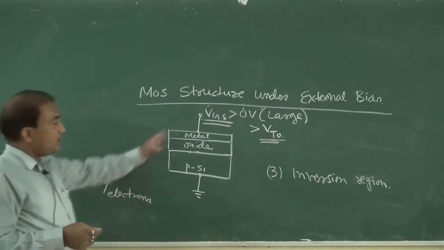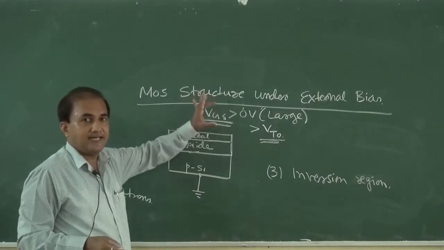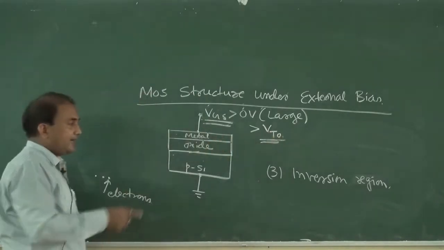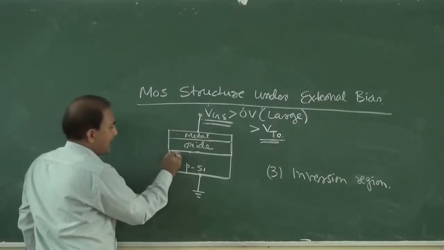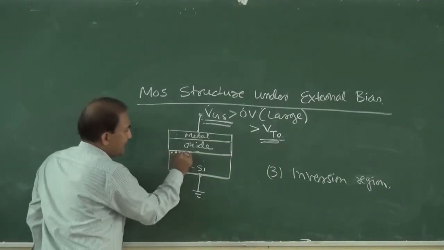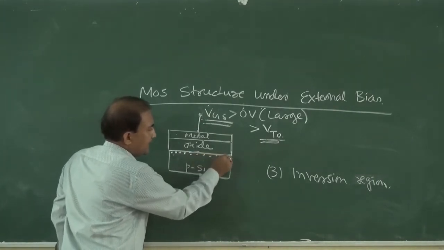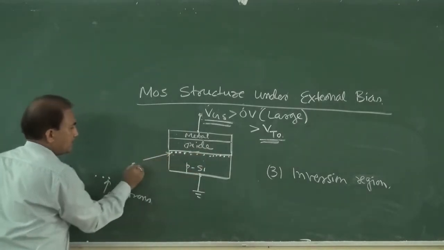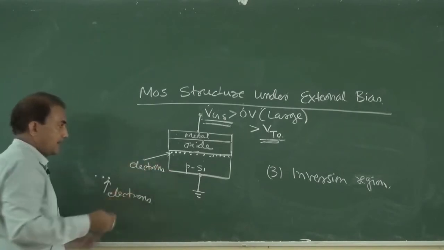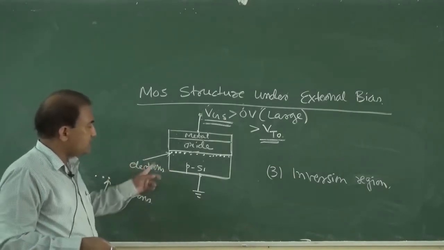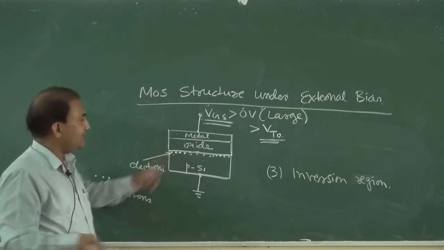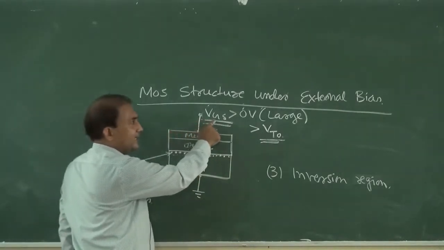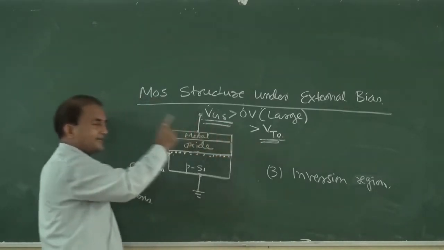Because of the application of a large gate voltage, greater than the threshold voltage of this device, it will attract the minority carriers, and the electrons will be accumulated here in the thin region, attracted towards the oxide substrate interface layer.